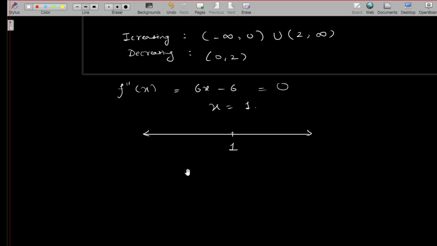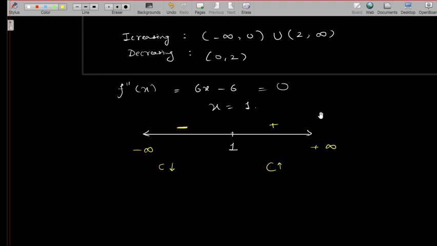So f is concave down on negative infinity to 1, and from 1 to infinity it will be concave up. And that's it. That's all the information that you need in order to sketch the graph of this function.